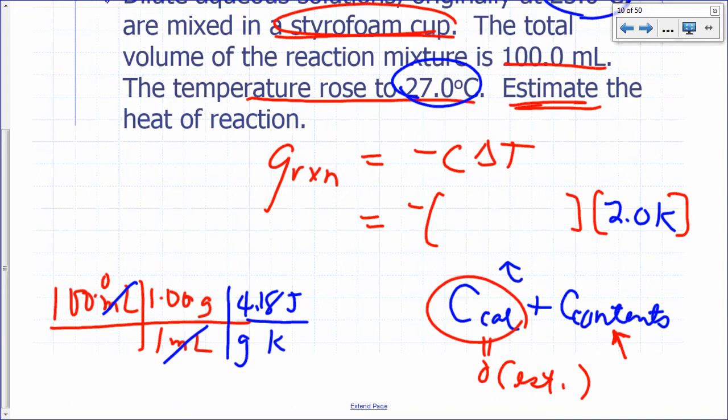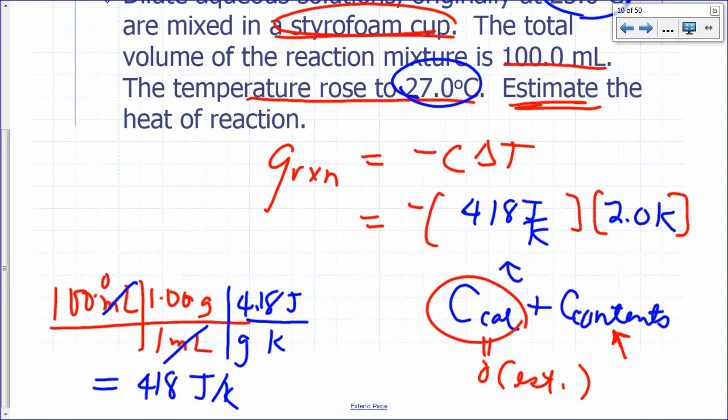So that's your heat capacity of your contents. That would be 100 times 1 times 4.18. That gives you 418 joules per Kelvin. Okay, so heat capacity of our calorimeter and contents is at least 418 joules per Kelvin. Okay, we're estimating. It's just the water.